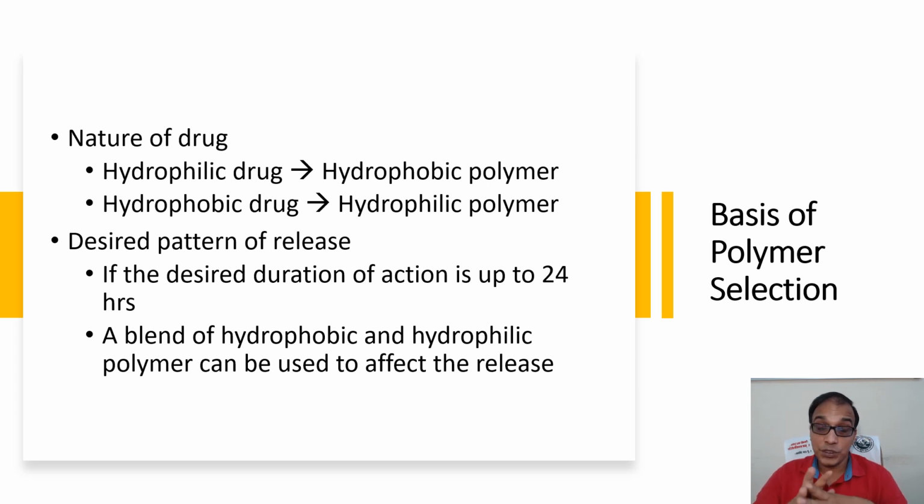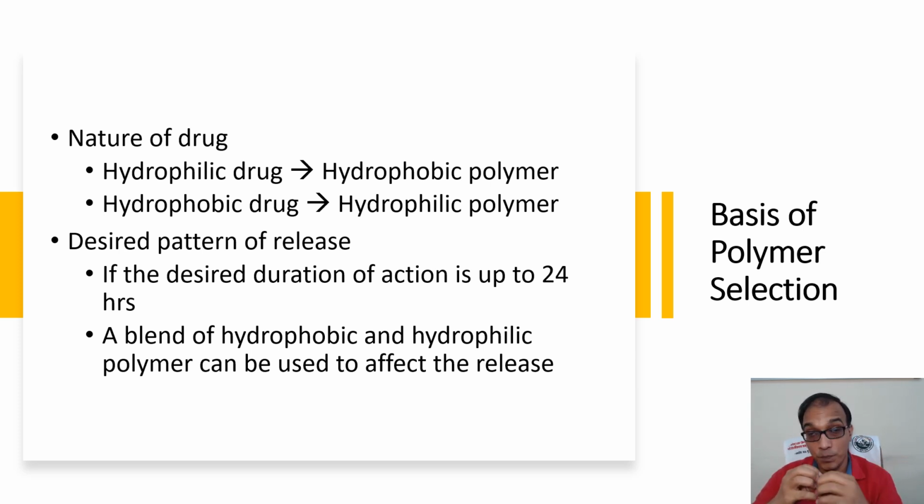If the desired duration of action, or desired duration of release, is up to 24 hours, then certainly you need a blend of hydrophobic as well as hydrophilic polymer to achieve that particular controlled release. Because if you envelop a drug, or mix a hydrophilic drug, with a completely hydrophobic single polymer, what will happen? That drug is not going to release at all through that matrix.